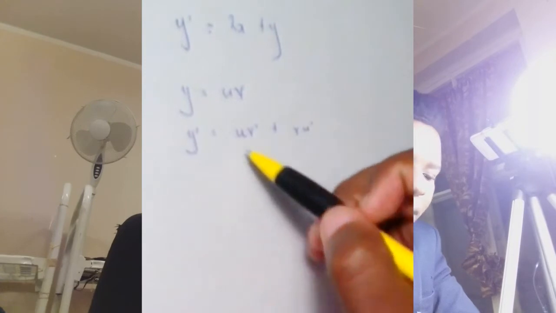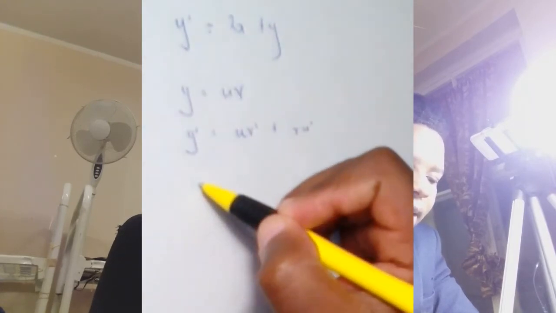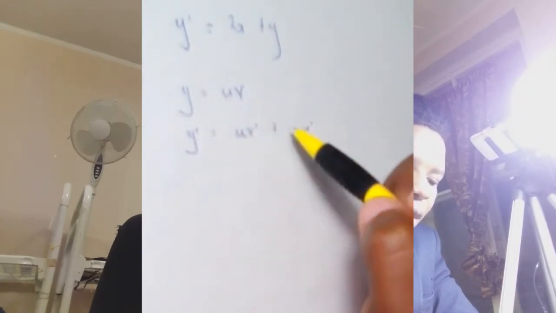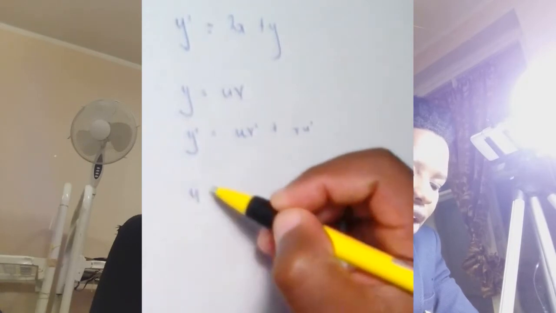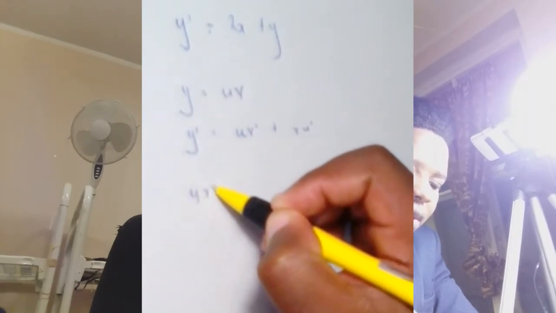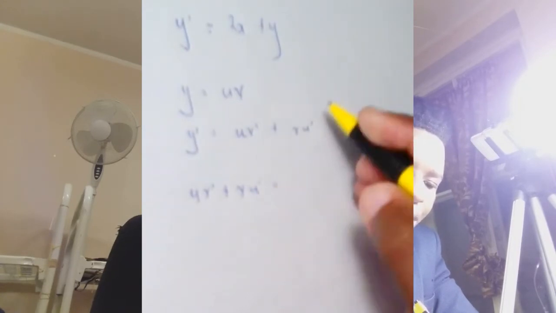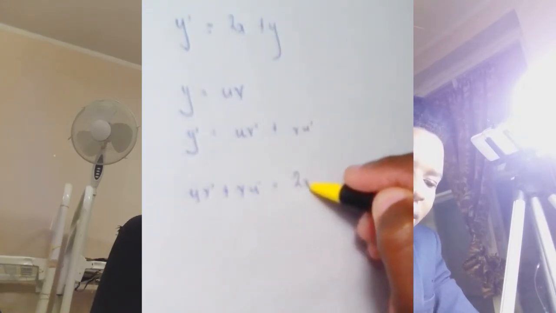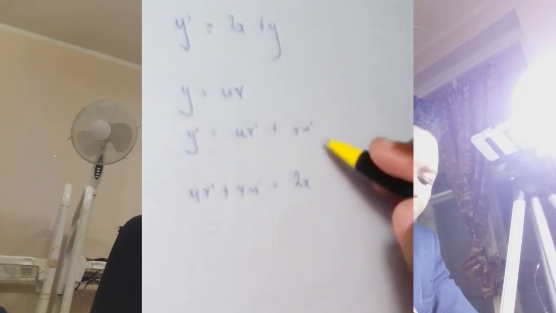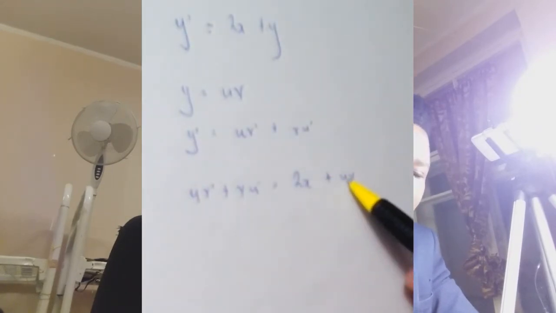We're going to have, in the place of the derivative of y, our new expression, which is equal to 2x. Then in place of y, we're going to write uv. Then let's put these terms in uv on one side.